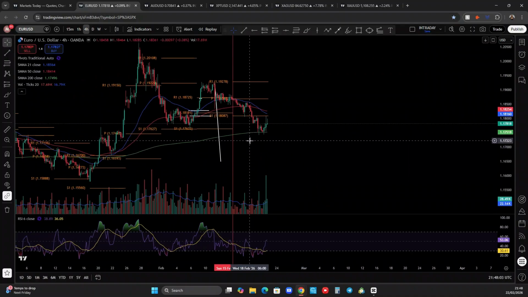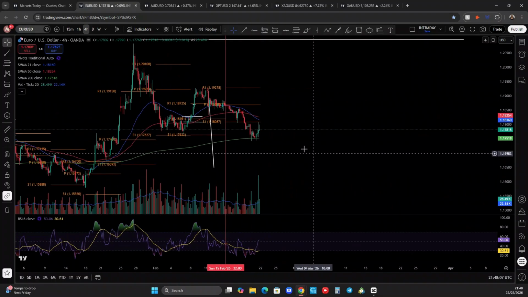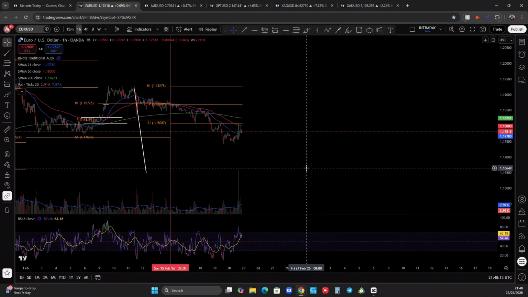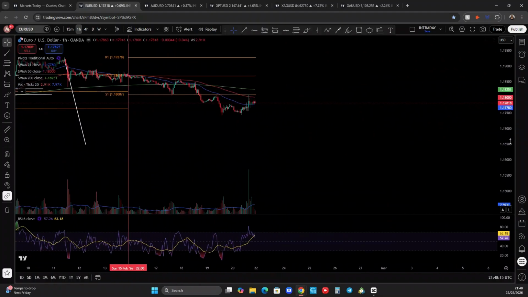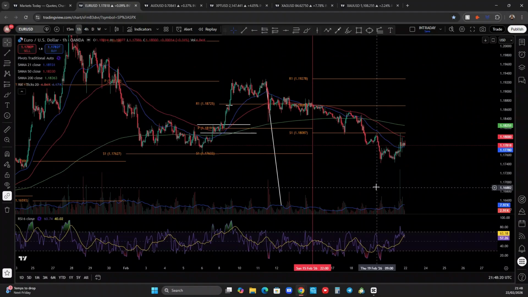So for me, we're still looking bullish, but the market has really pulled back, right? You can see on the hourly that we've now turned bearish on the lower time frame.